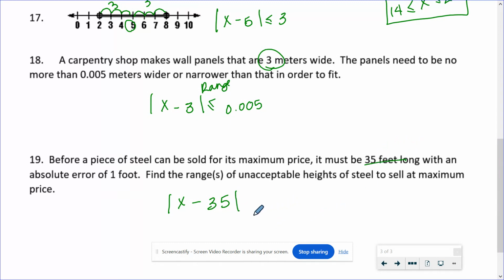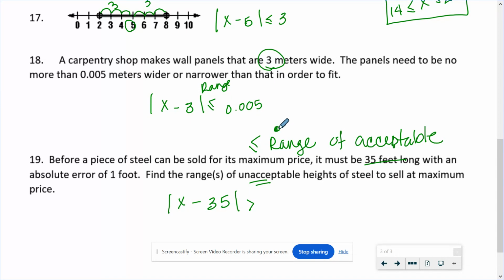And this time I am not going to use less than or equal to because I want the unacceptable. So less than or equal to would represent the range of acceptable. I'm looking for the unacceptable, so I have to use the exact opposite. So I'm going to have to use greater than, not greater than or equal to, because the acceptable has the equal to part. So I have to do the numbers that aren't.